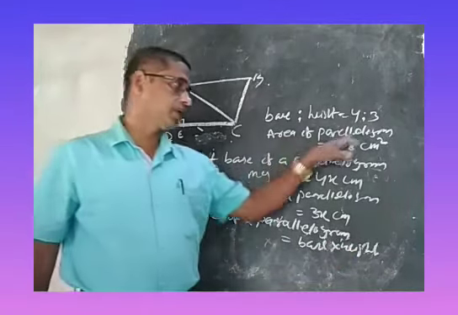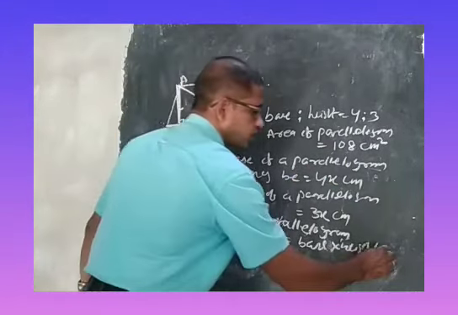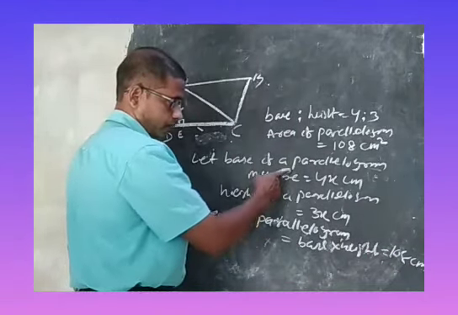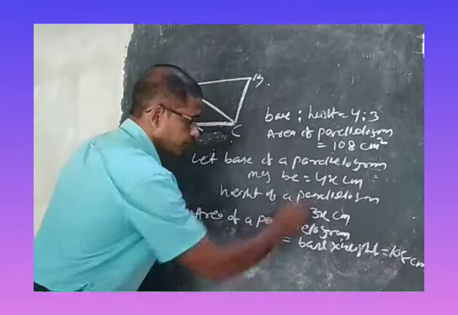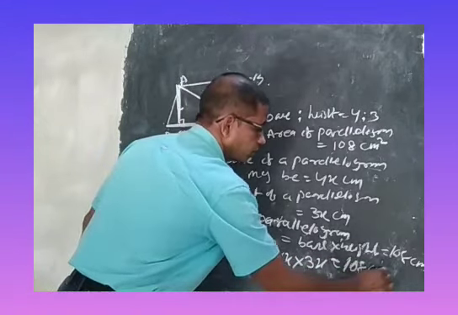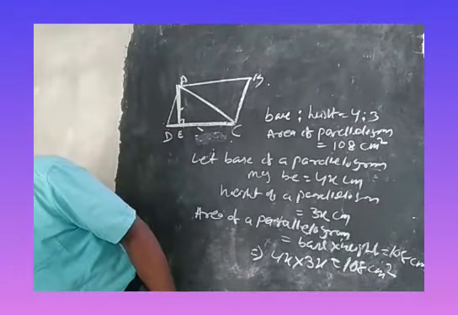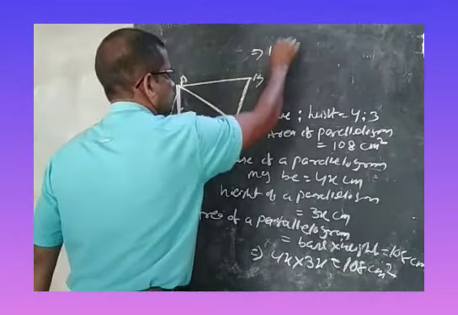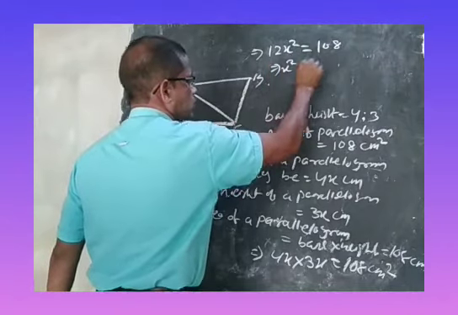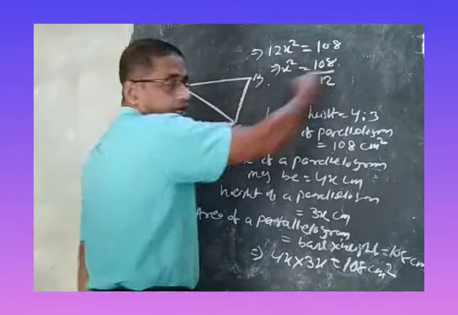Area of a parallelogram is given 108 square centimeters. Putting the value of base and height, we get 4x into 3x equal to 108 square centimeter. 12x square equal to 108. x square equal to 108 divided by 12. 12 is multiplied on the LHS and divided on the RHS.